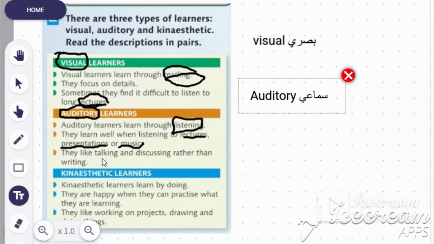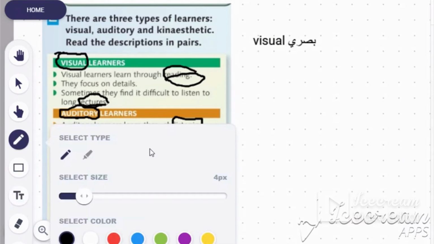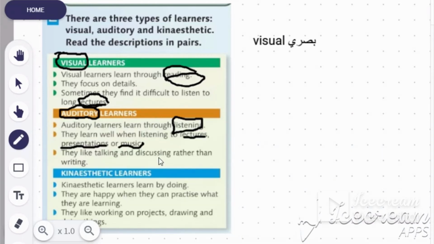Also, they like talking and discussing. Discussing, مناقشة.